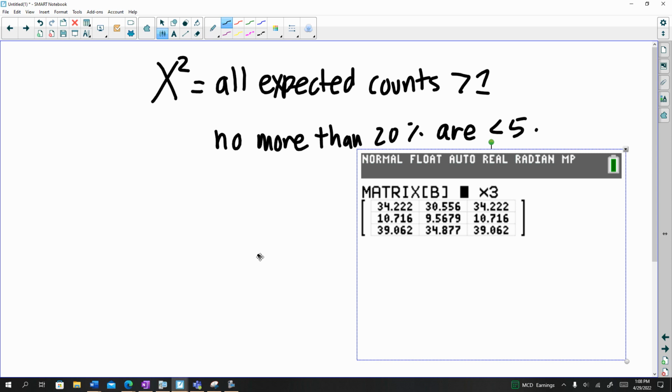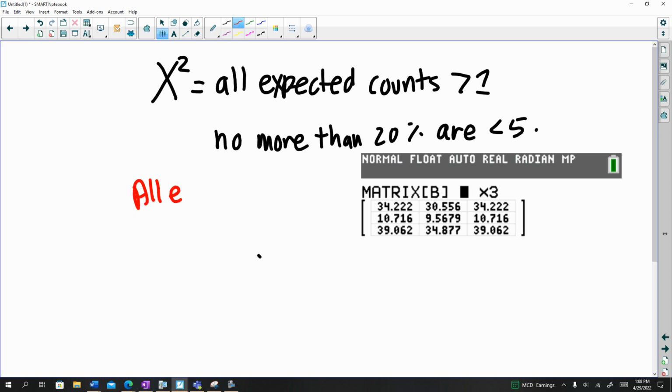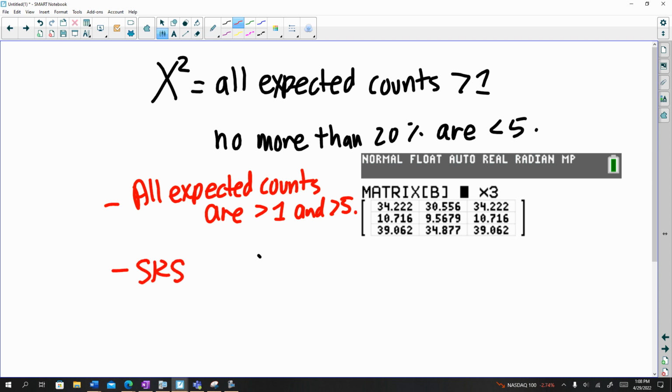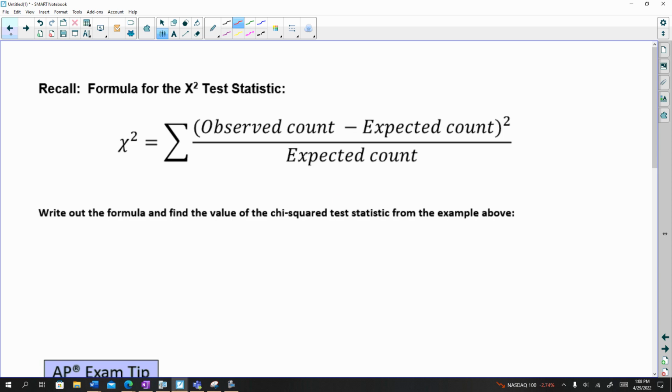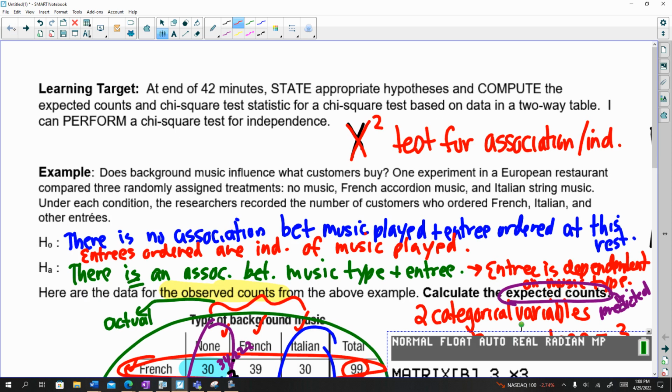So as long as they're greater than 1 and greater than 5, you don't really have to do much. So I'm just going to say all expected counts are greater than 1 and greater than 5. Great, because otherwise we would have too small of a sample size and technically we would not be able to proceed. Also, you should check that it's a simple random sample. Let's see if it was. It didn't say, so we probably should check that too.